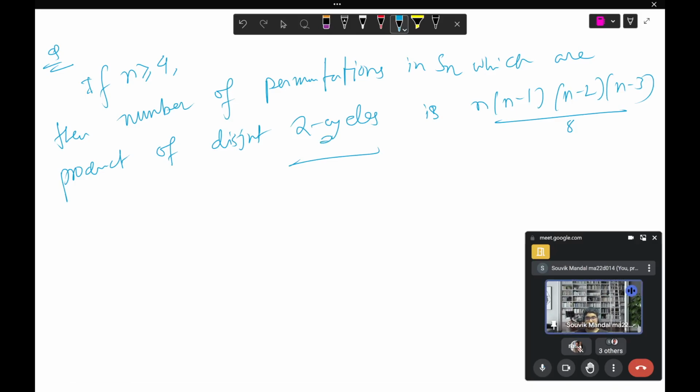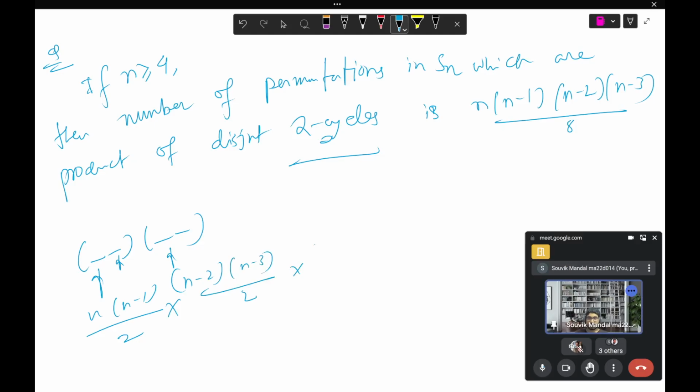Disjoint two cycles. So the first one can be chosen in n ways, the second one in n minus 1 ways, divided by 2. The third one has n minus 2 choices and the fourth n minus 3 choices, divided by 2. Then the disjoint cycles commute, that's why by 2 again. So n into n minus 1 into n minus 2 into n minus 3 by 8.